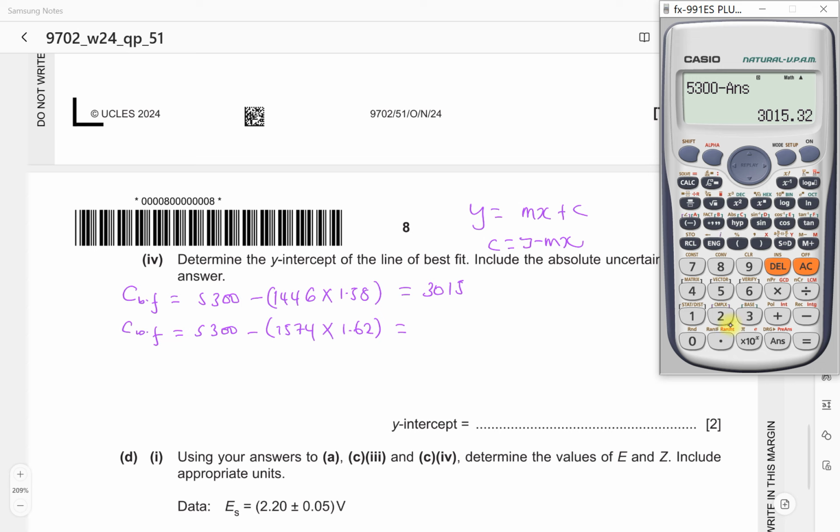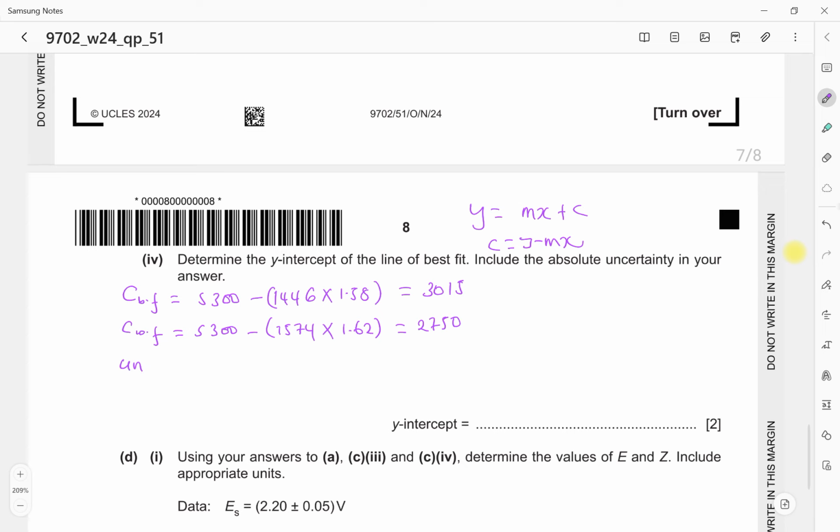So we have 1574 times 1.62, and 5300 minus the answer. So this is 2750.